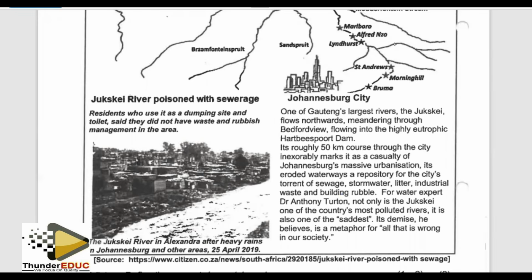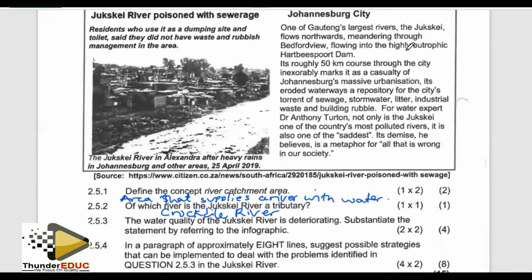All right. So they say the quality of the Jaskai River is deteriorating. Substantiate the statement by referring to the infographic. Okay. I think we can focus on this statement here. So there are a lot of points here.